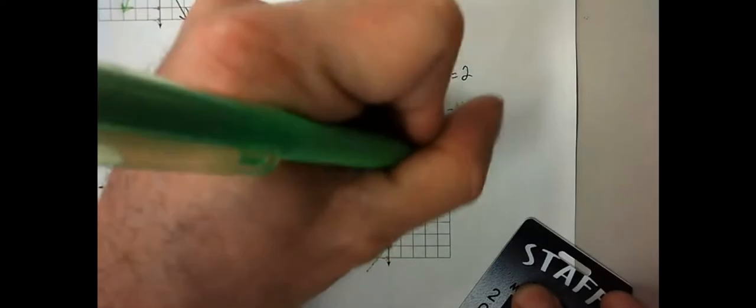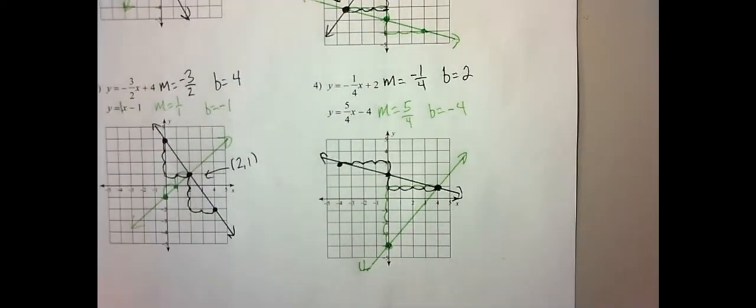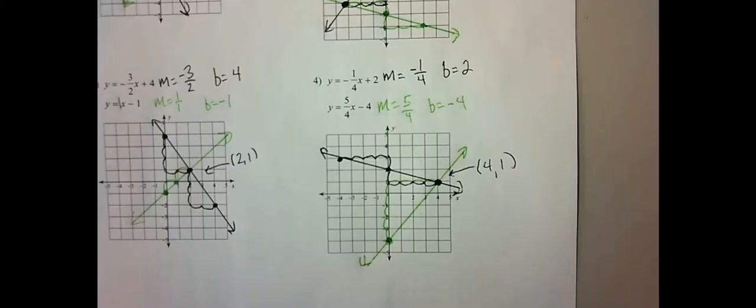And then this one is going to be way far off that graph. So here's a case we're going to have only 2 points. Okay, use your straight edge, graph it. Put your arrow on the end. And here's our solution. So our solution for this one looks like it's going to be 4, comma, 1.